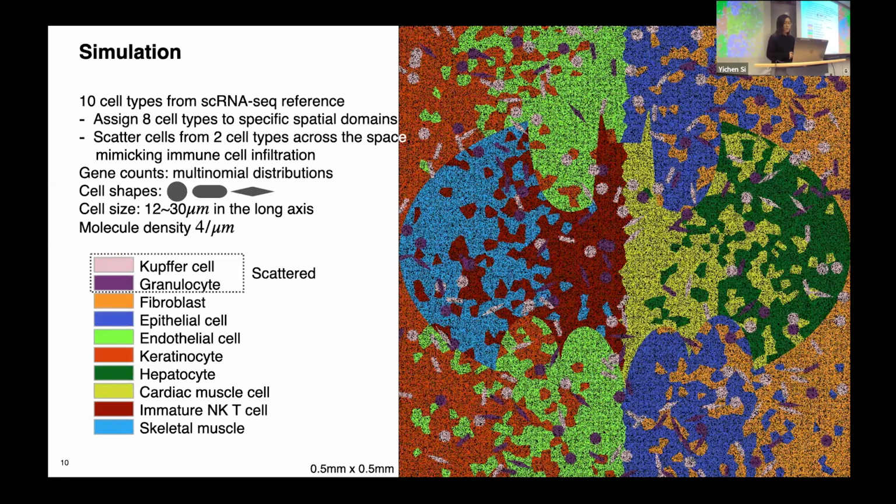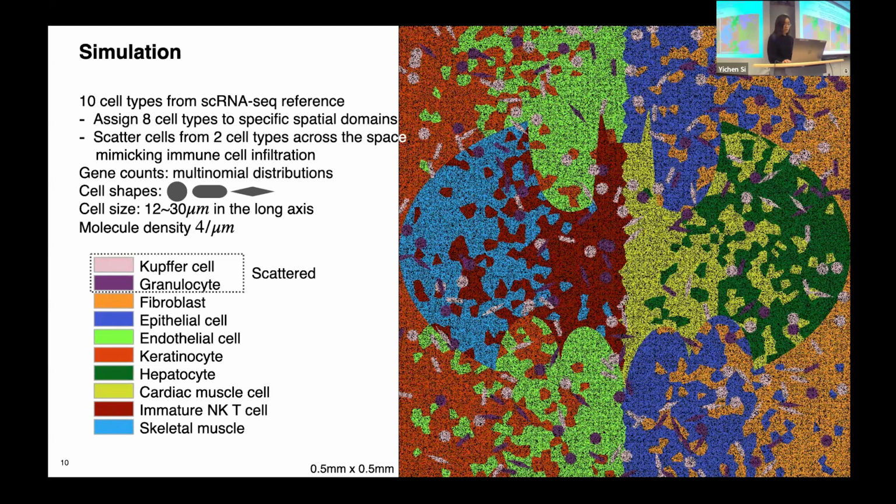We simulate 3 different cell shapes: circular ones, elongated ones, and more narrow sharp ones. The cell sizes are similar to what we see in the real data.